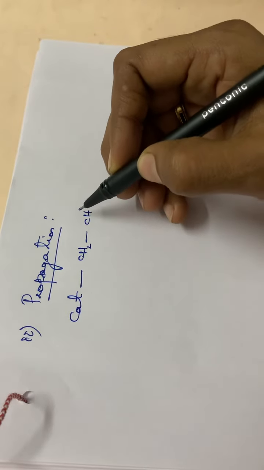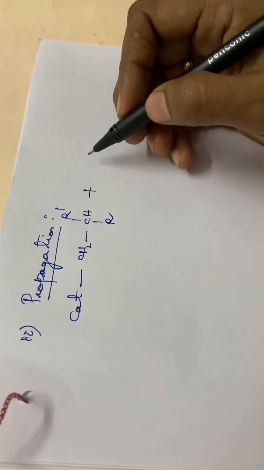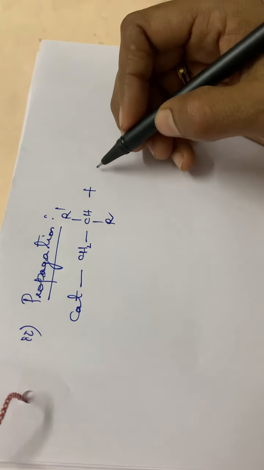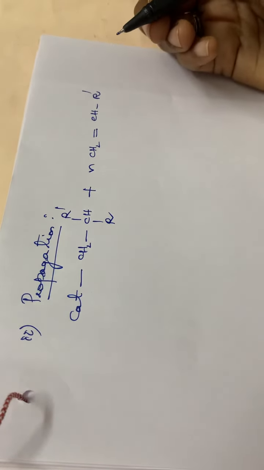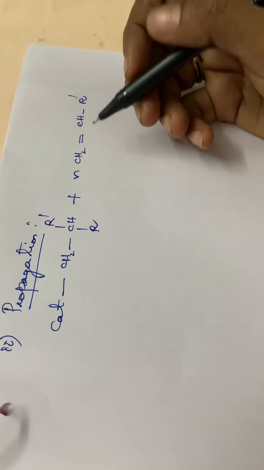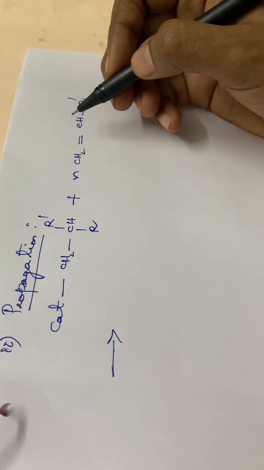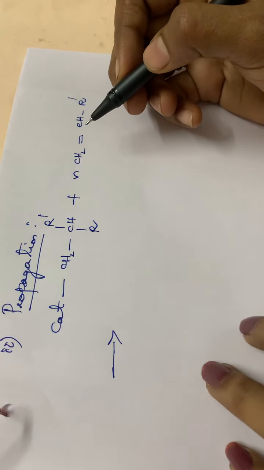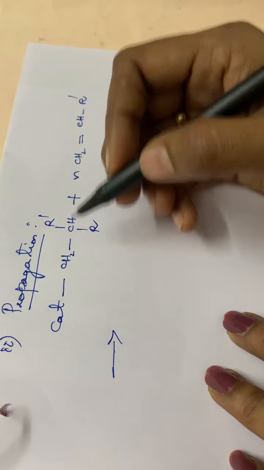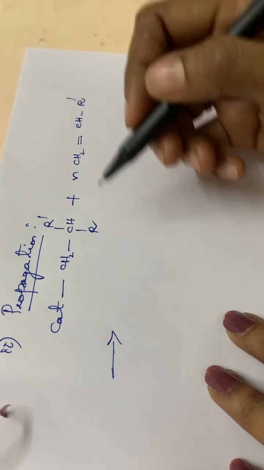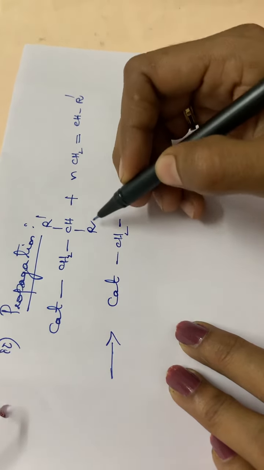This will be combining with n number of monomers, that is N CH2 double bond CHR. Again, this bond breaks and the two valencies will be freed. So this catalyst CH2 will be attacking these positions. So the product will be catalyst CH2, then CHR.